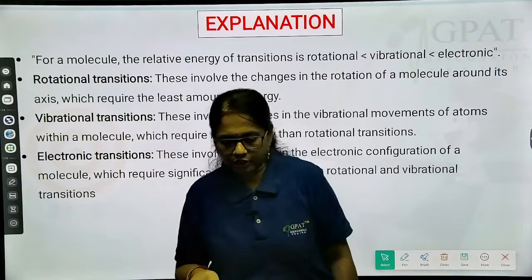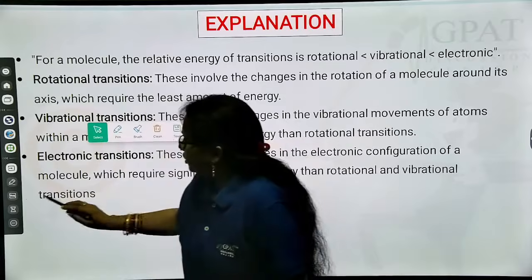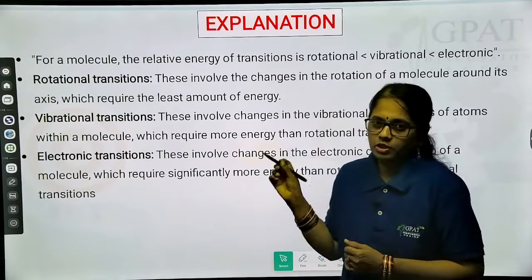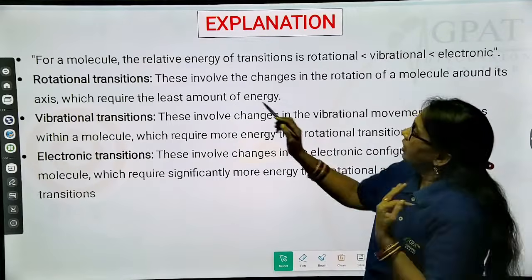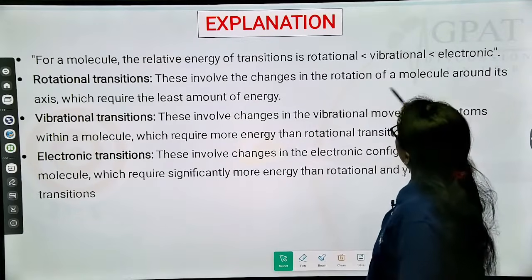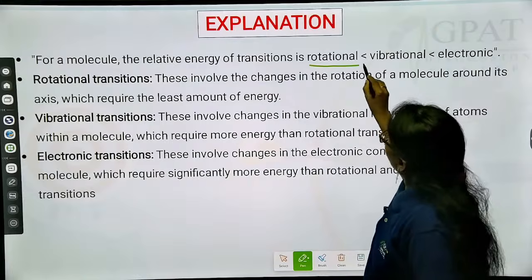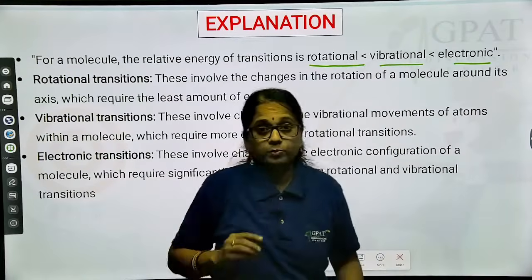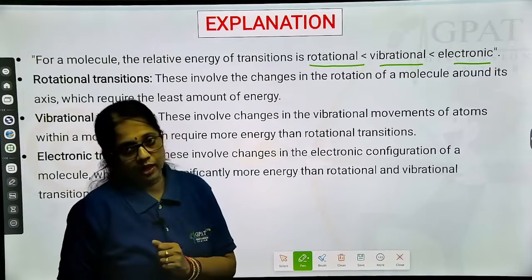The UV, IR and microwave, these three are focused here. So here if you see, the rotational is going to have the least, afterwards vibrational, afterwards electronic. From the lowest to the highest they have asked.